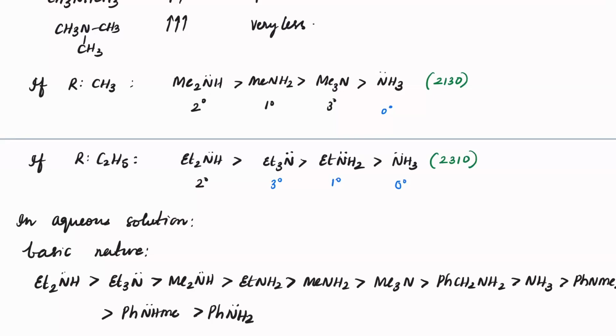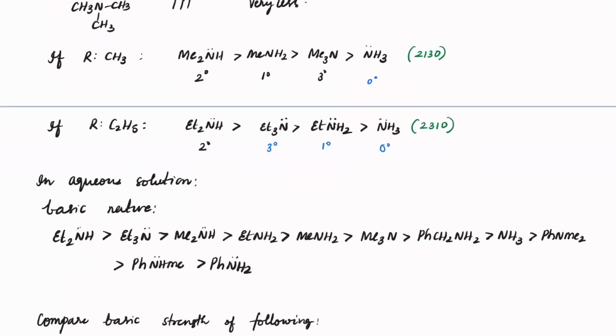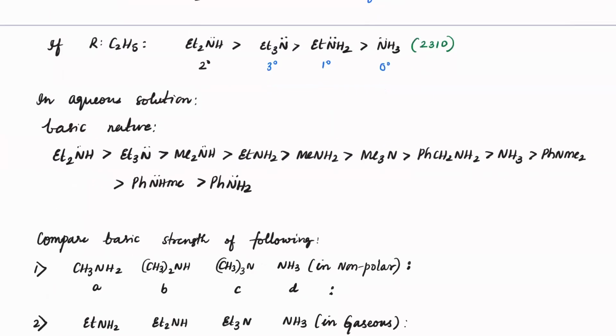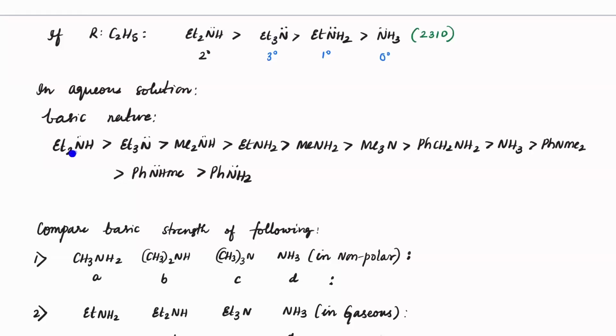Overall, what we need to learn is this NCERT order. Please check it out. 2 degree amine with ethyl will be the highest, then 3 degree with ethyl, then 2 degree with methyl group, then 1 degree amine with ethyl, then 1 degree amine with methyl, then 3 degree amine with methyl, then we have PhCH2NH2, then we have ammonia.